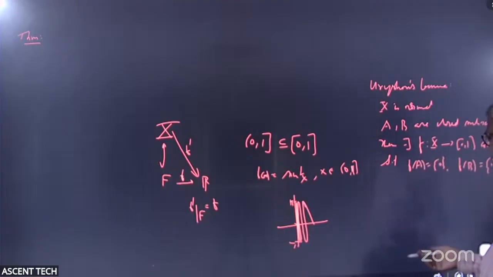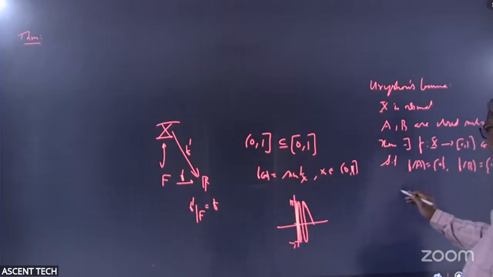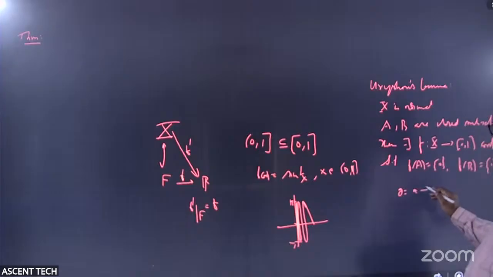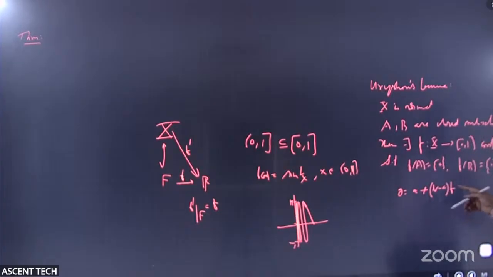If we really look at it, I can make it [a, b] also. If I find another function g given by g = a + (b - a)f, what does this do? For any x, the value of f(x) is between 0 and 1, and therefore the value of (b - a)f is between 0 and b - a. When you add a, it will go up to b.